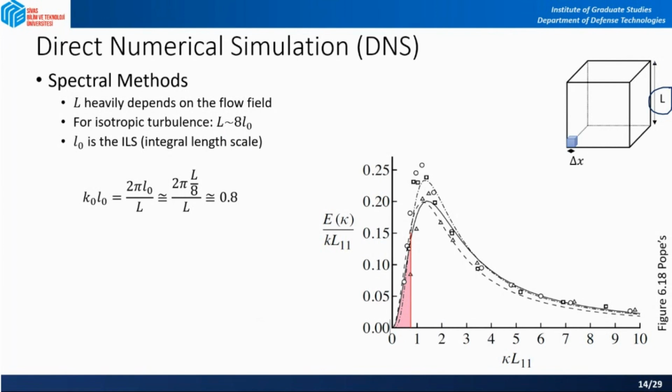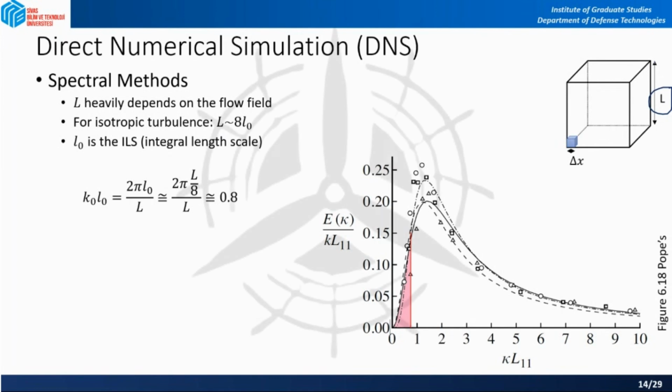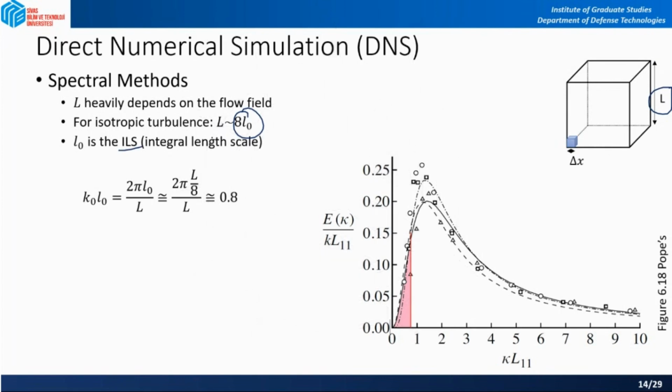For isotropic turbulence, a reasonable lower limit is 8 times L0. And L0 is your integral length scale. So why do I say lower limit? Because we don't want to simulate a gigantic cube.